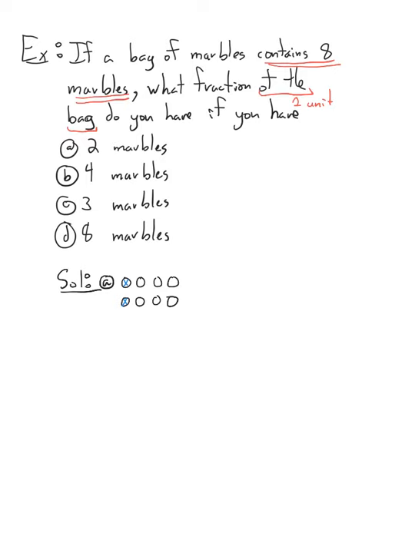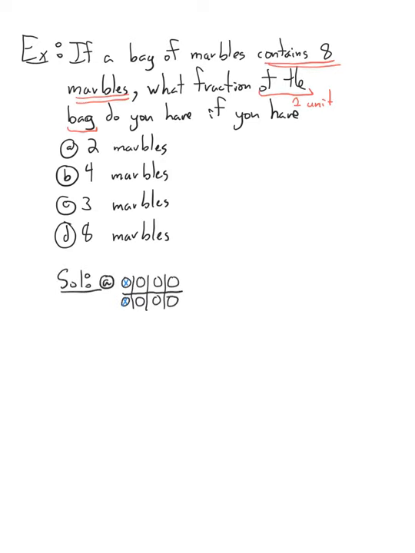Well, in order to take 2 marbles, how can we break up this bag into equal size pieces? And in some sense, there's a couple of ways of doing it. Well, one way is, of course, maybe we could break the bag of 8 marbles up into 8 equal pieces.